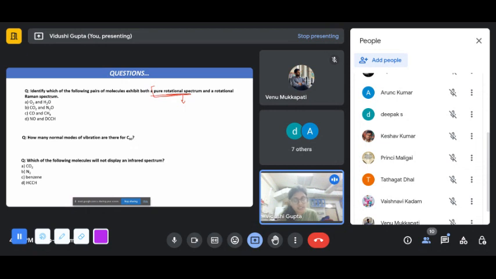For this, the condition is that the polarizability must be anisotropic. That is, it should not be the same in all directions. And oxygen is homonuclear, so it will not exhibit a pure rotational spectrum.